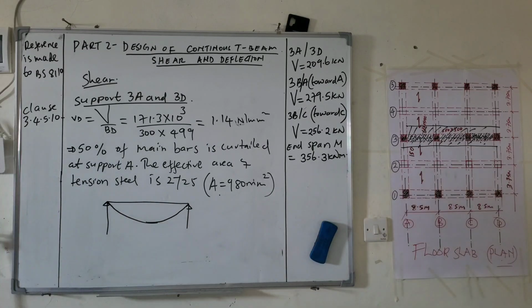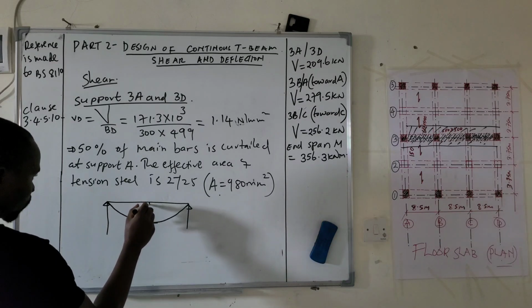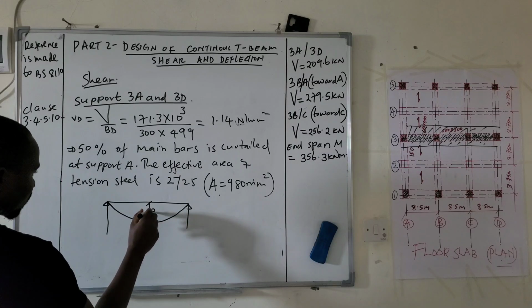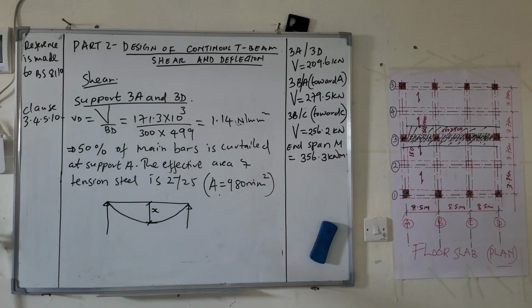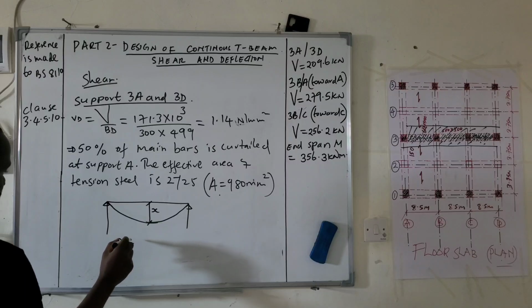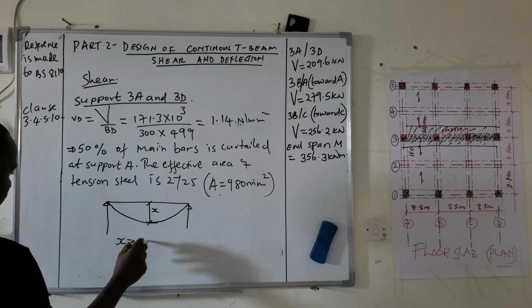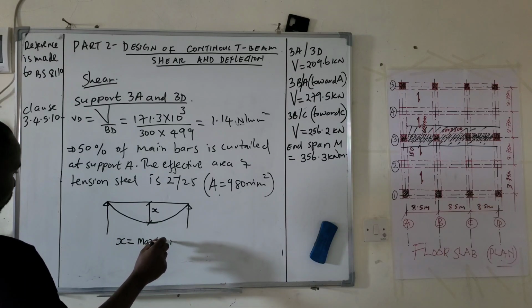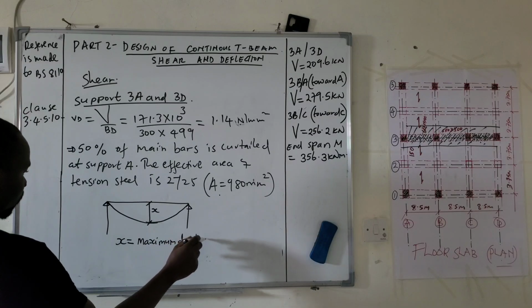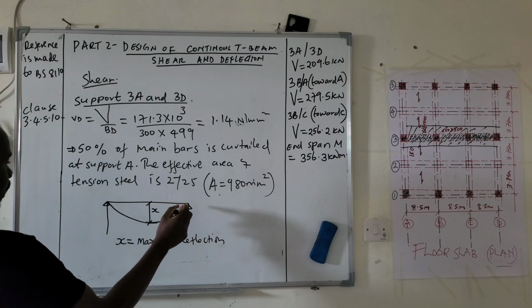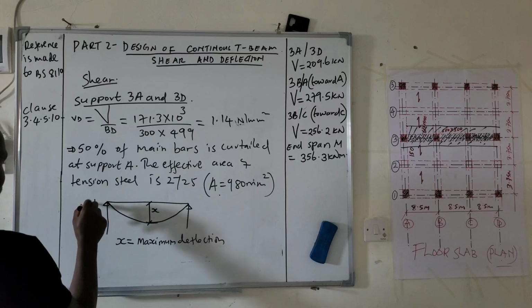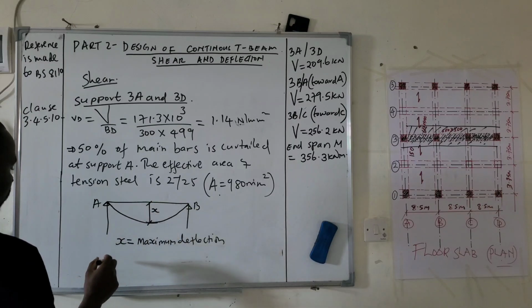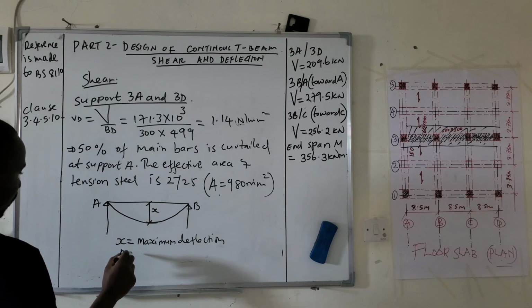The maximum deflection will be at this point X. And at the supports, let's say support A and B, the deflection will be 0.